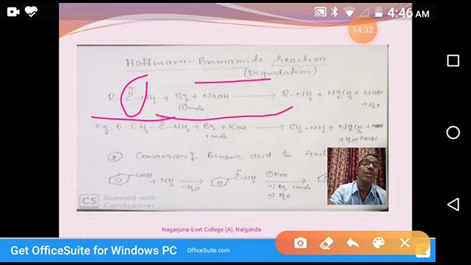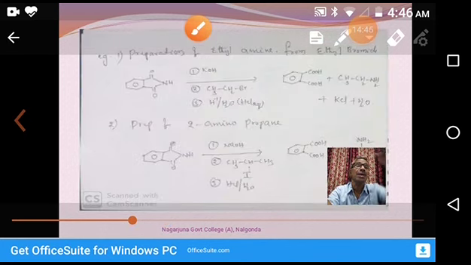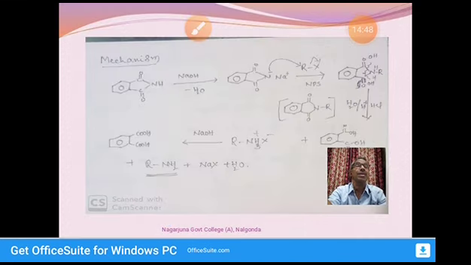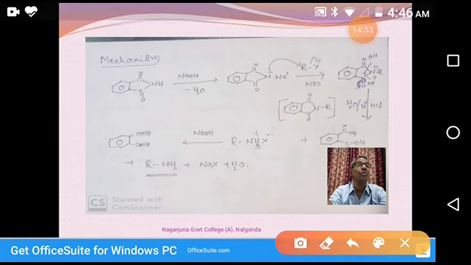In this method we can prepare aliphatic as well as aromatic amines. In the previous method, the Gabriel phthalimide method, we can't synthesize aromatic amines. Why? Let me explain, I forgot to explain. The alkyl halide which we are using undergoes a nucleophilic substitution reaction. In the case of alkyl halide, it is possible. Whereas in the case of aryl halide, X minus is in conjugation with the aromatic ring.